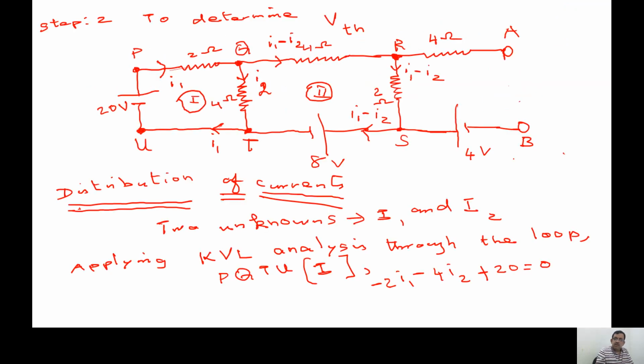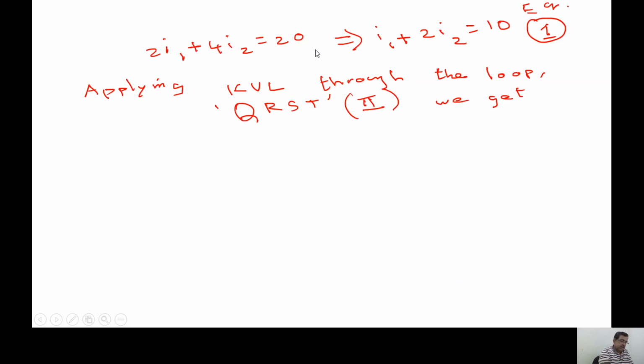What do we get? There is a voltage drop across this 4 ohm resistor over here. So it is I1 minus I2. I will write a negative sign to begin with, 4 into I1 minus I2.